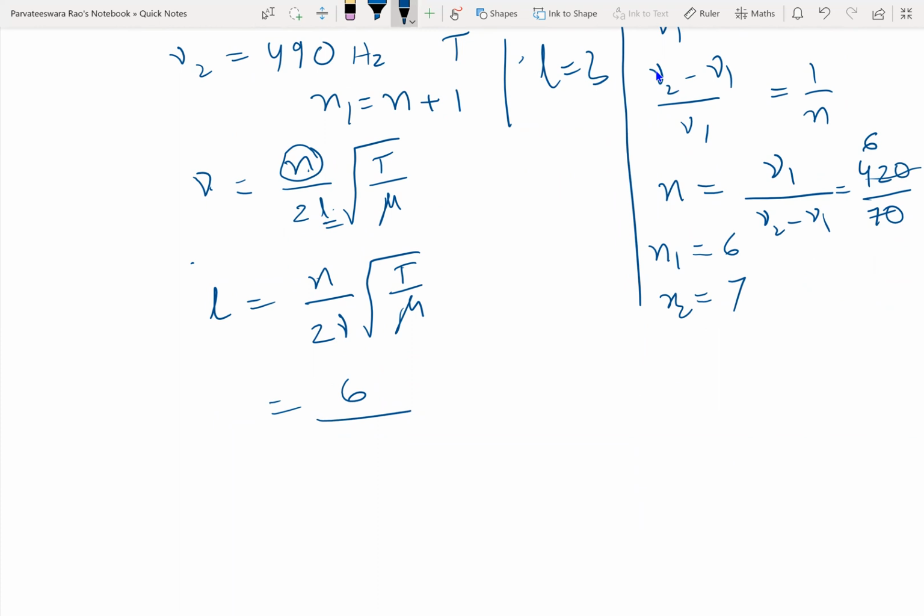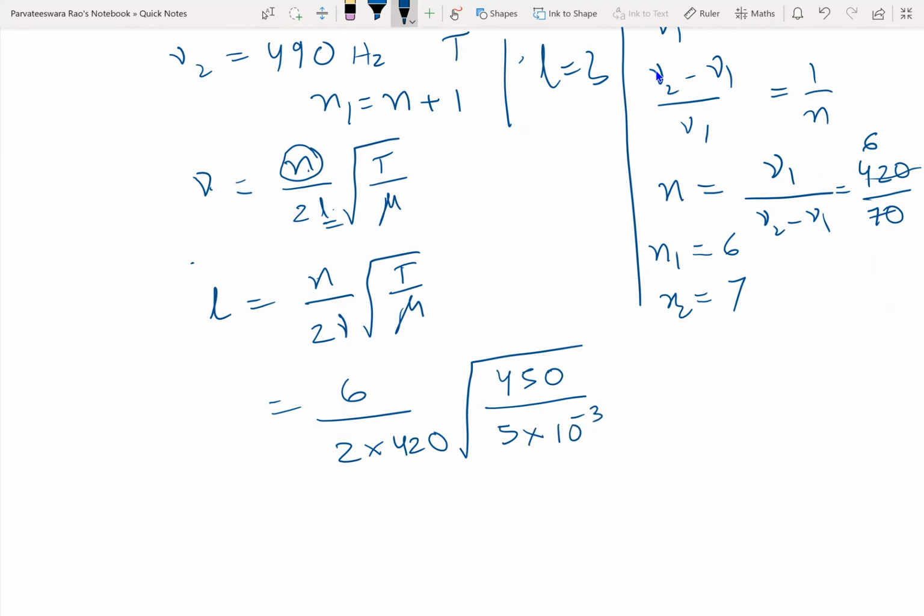So 6 by 2 into 420 into root of tension 450 by 5 into 10 to the power of minus 3.